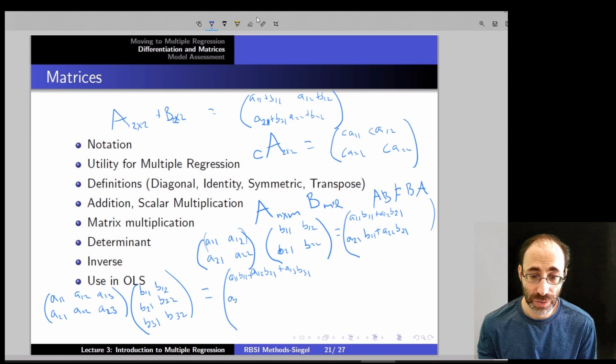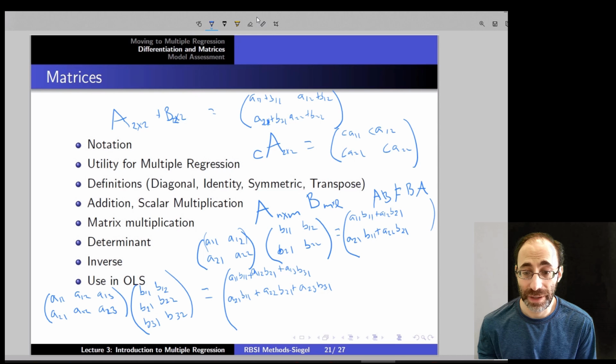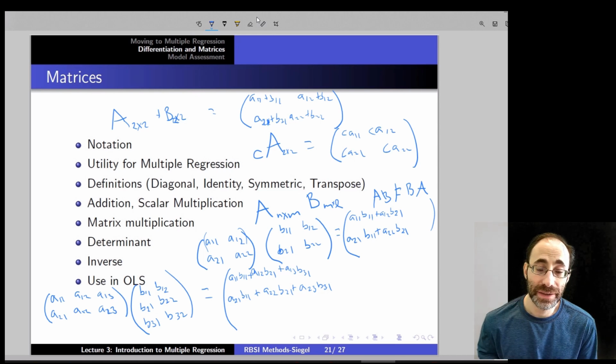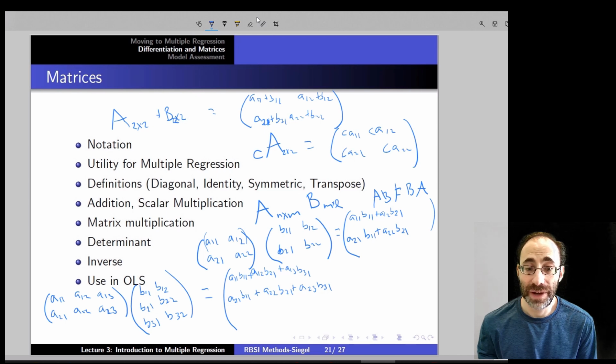So that's 1. The next one is going to be the second row times the first column. That gives me A21 B11 plus A22 B21 plus A23 B31. Again, the column of the A matches the row of the B for all of them, going 1, 2, 3. And the row index for A is 2 for all these, indicating you're in the second row.